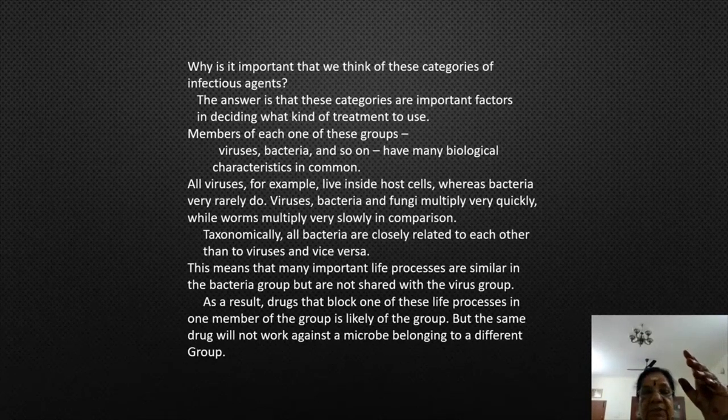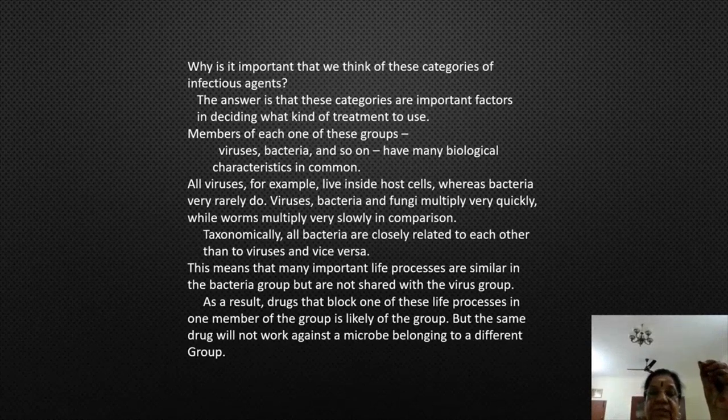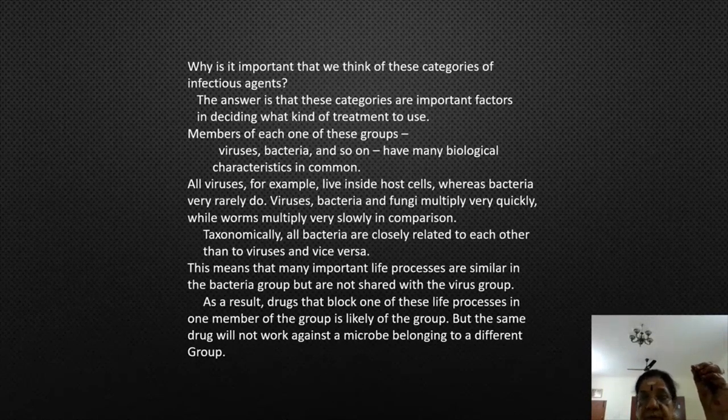Then taxonomically, all bacteria are closely related to each other than viruses. Viruses வந்து there are 100 different viruses, and they are not resembling each other. So taxonomically, classification wise, all bacteria are closely related to each other than viruses.